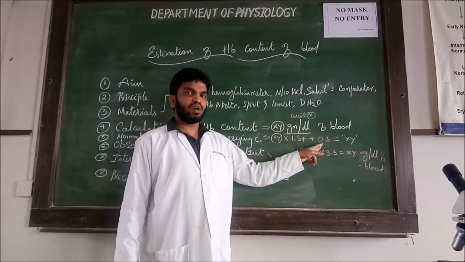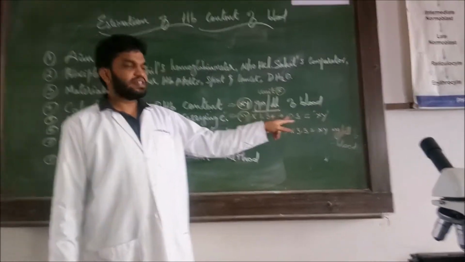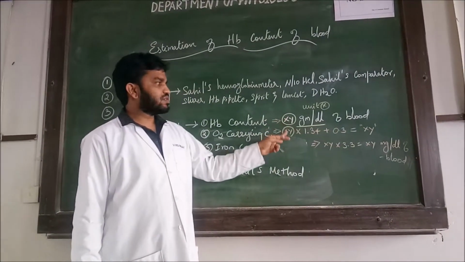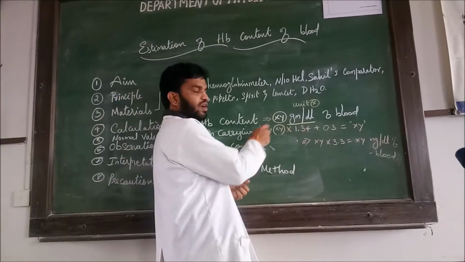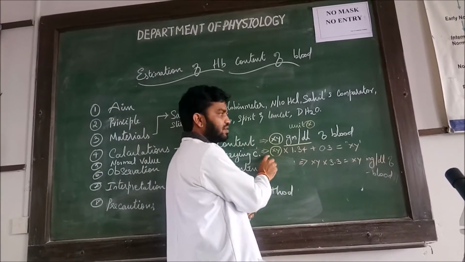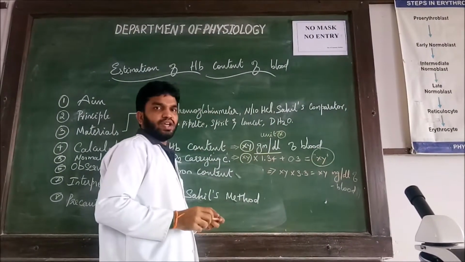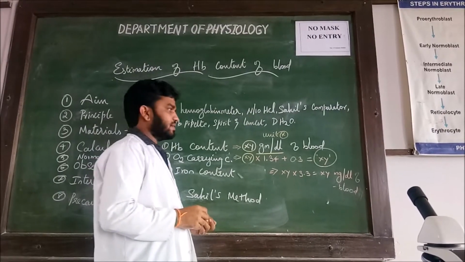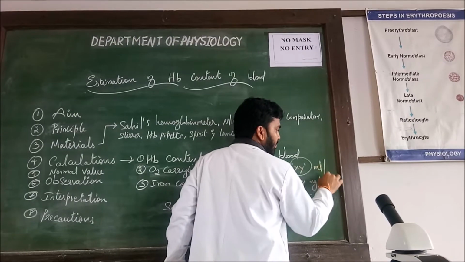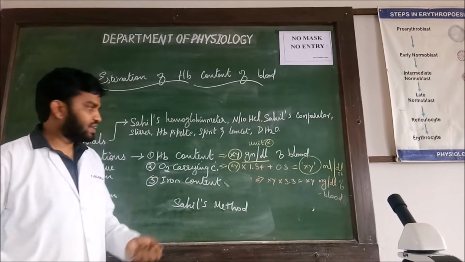Plasma also carries some amount of oxygen, so we substitute that here too. Taking the hemoglobin content we got and summing it together, you will get another value. This is your oxygen carrying capacity. The unit is ml per deciliter of blood, and we want to mention it.